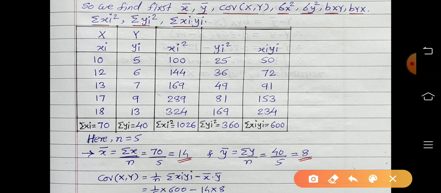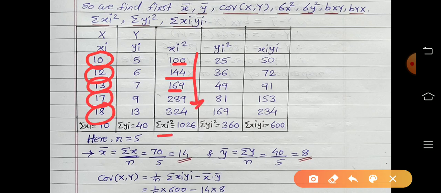So xi square means we make the square: 10 square is 100, 12 square is 144, 13 square is 169, 17 square, 18 square, and we add them. That is called summation of xi square. This column total, summation of xi, is 70, then summation of yi is 40.